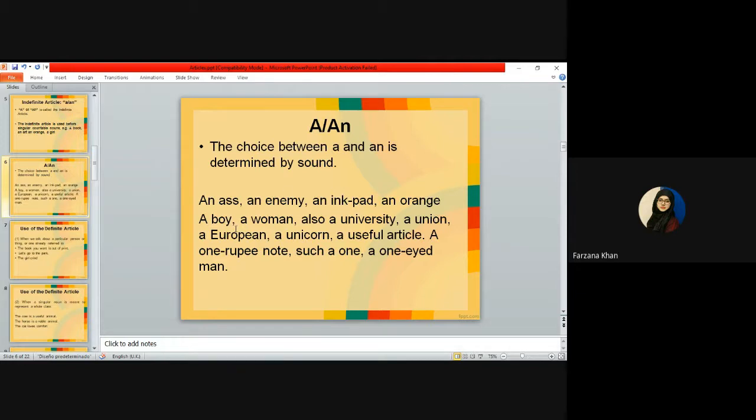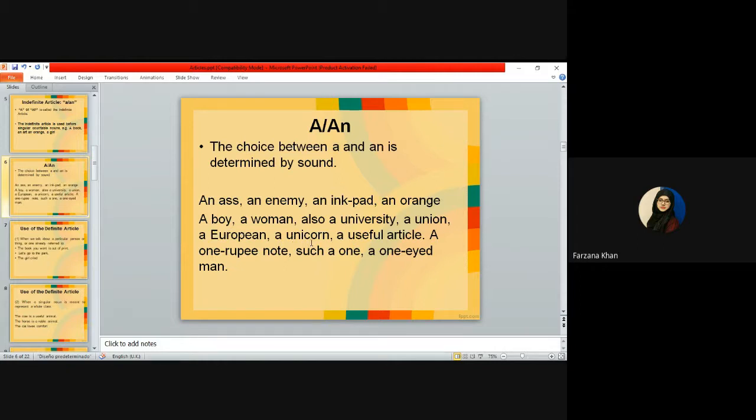Let's see another example, a European. Again, E is a vowel letter, but here E is not giving us a vowel sound. We are pronouncing it as European, right? While pronouncing European, our upper and lower teeth are touching each other. That's where air is obstructed. So the word starts with a consonant sound, not a vowel sound.